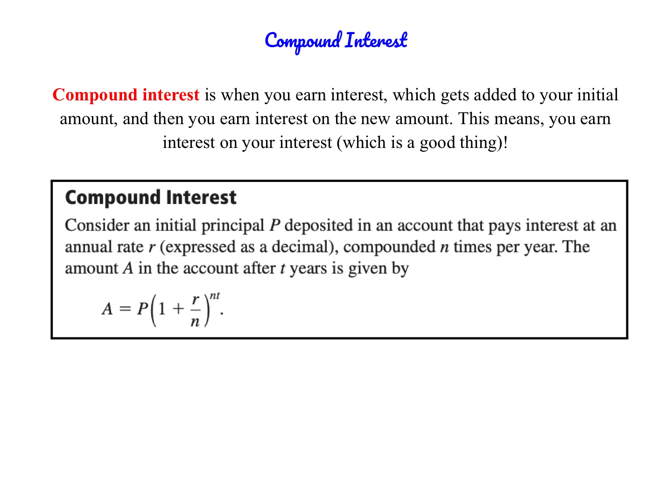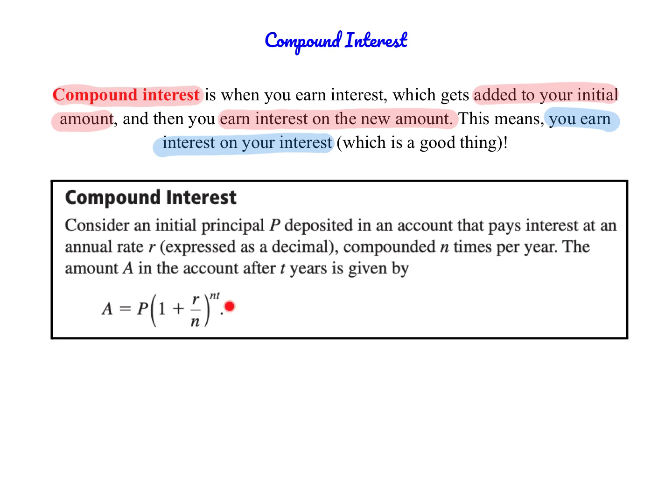Now, if you have compound interest, that money gets added to your initial amount, and then the next time you earn interest on that new higher amount. So this means that you earn interest on your interest, which is good for you. It means you will be making more money over time.